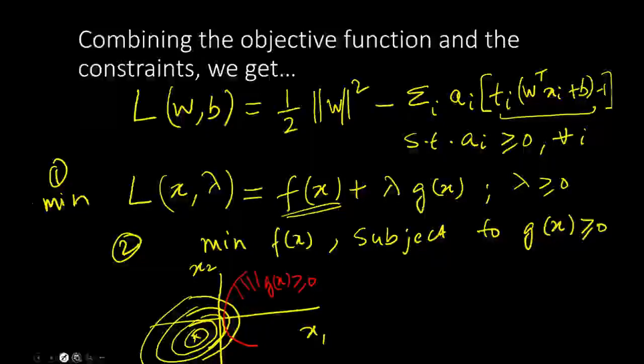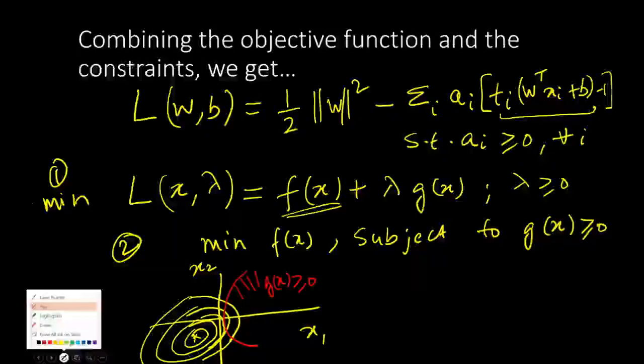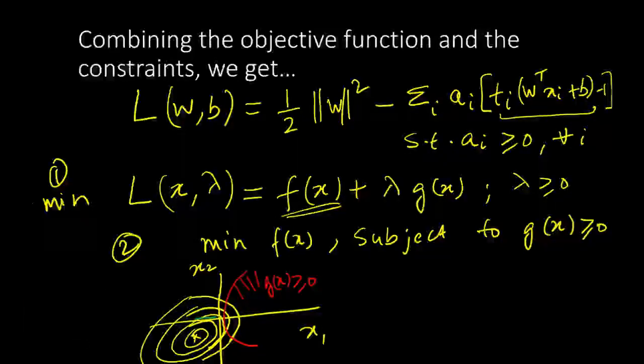Let me draw it in a green color so that it stands out. This green color is one of the yellow curves. This green is the ideal yellow curve because it is tangential to the red curve. At that point, we will achieve the solution where the two curves are tangential.